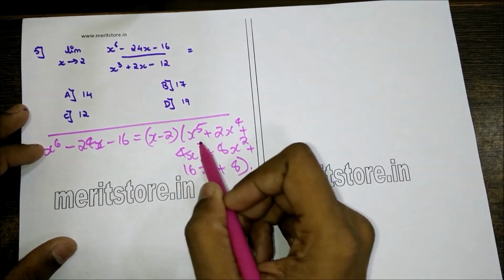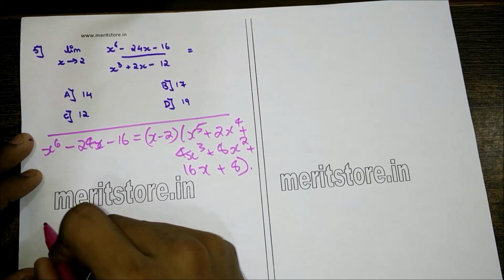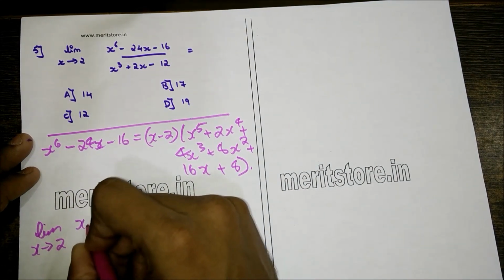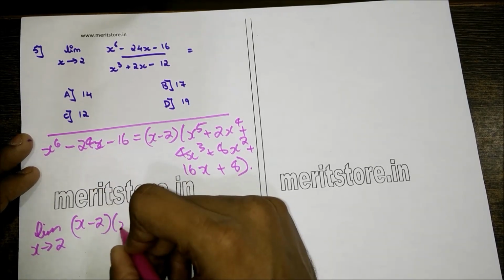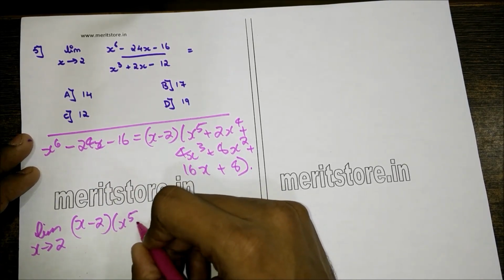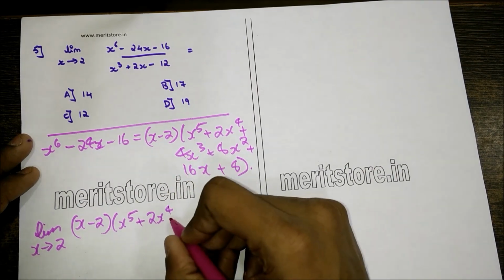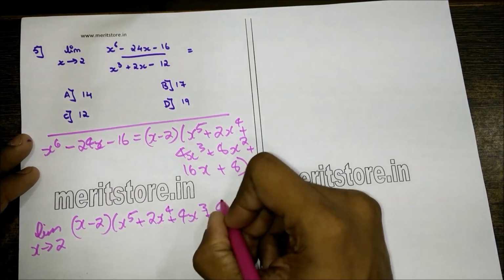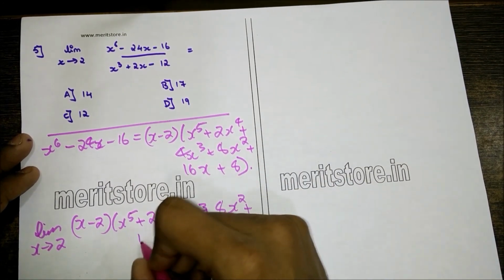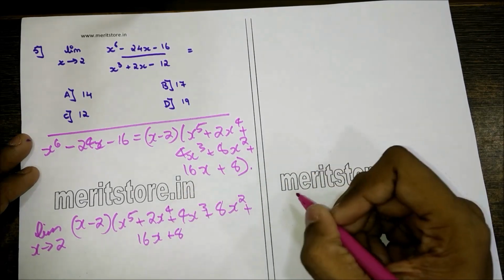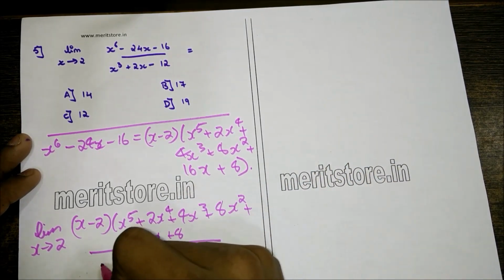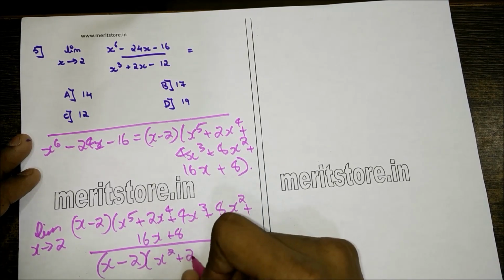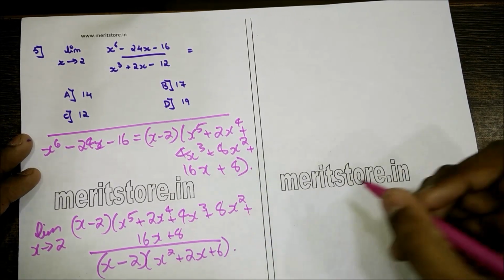So we write this whole term in the numerator now, giving us limit of x tends to 2, (x minus 2) into (x raised to 5 plus 2x raised to 4 plus 4x cube plus 8x square plus 16x plus 8) upon (x minus 2) into (x square plus 2x plus 6).